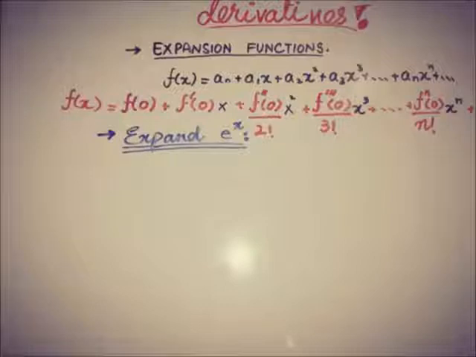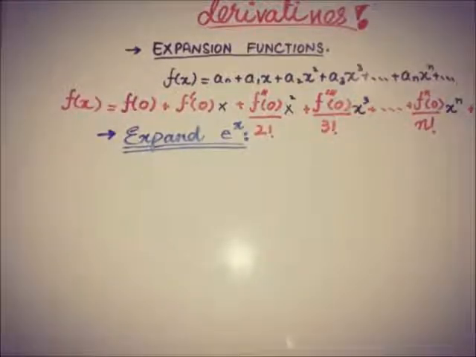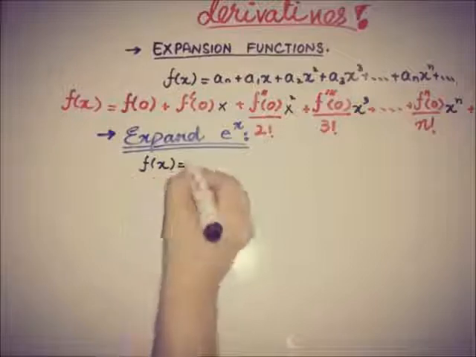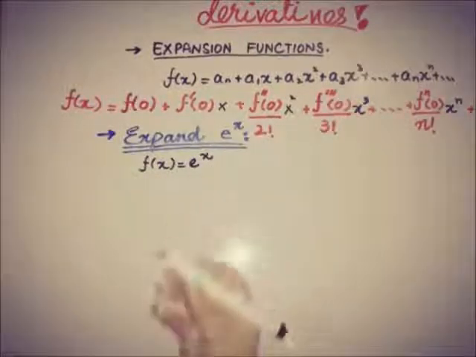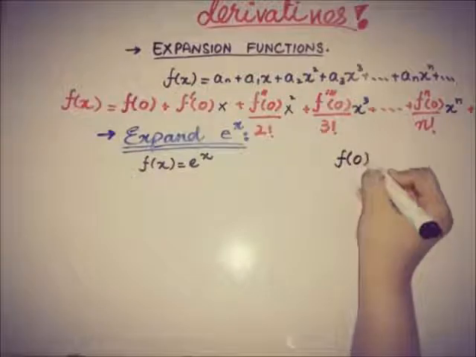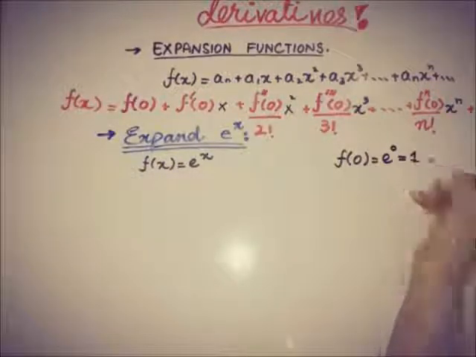I'll take the exponential function e to the power x, because it is a really important and very common function. The very first thing in expanding this function is to write f of x equal to e to the power x. Then the value of f of 0, e to the power 0, is equal to 1.